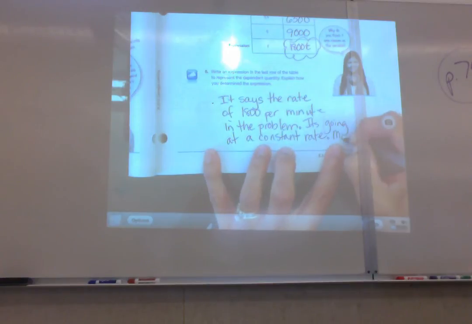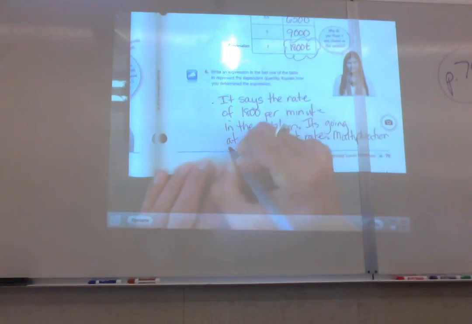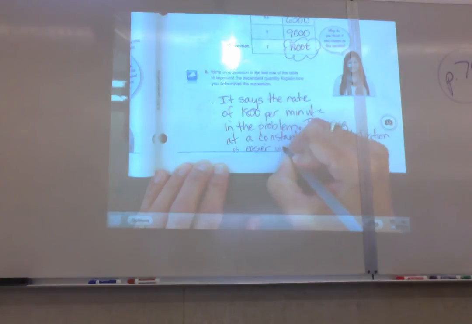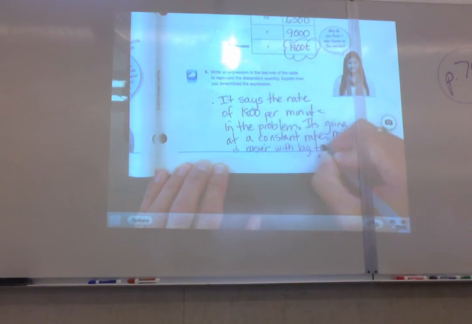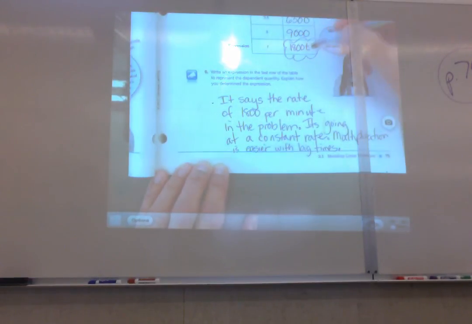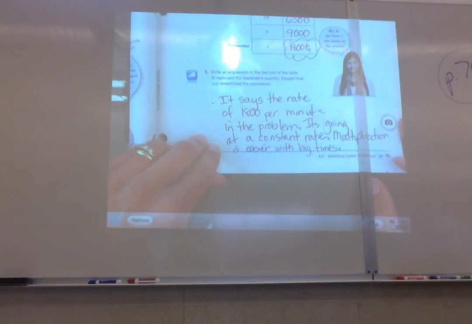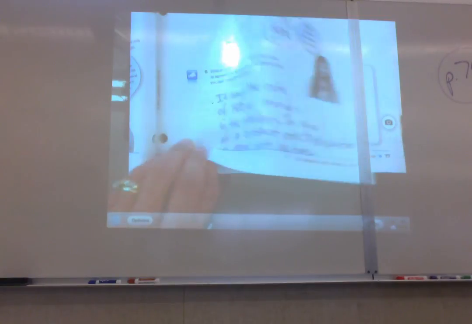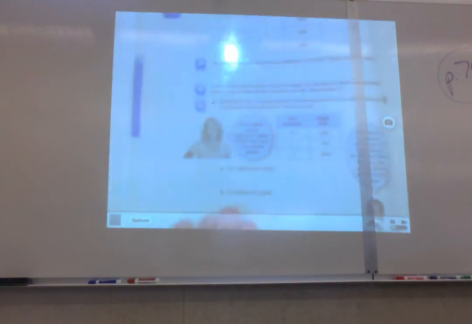So multiplication is easier with big times. So when we're working with 1, 2, or 3 minutes, we could just add, but we made this expression that we can use with small numbers and with bigger numbers. Nice. You ready for me to flip, or are you writing that down? Okay, next page.